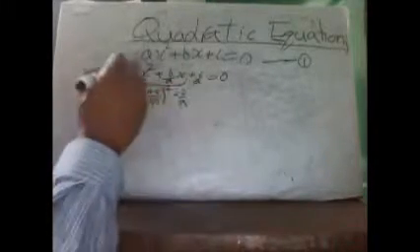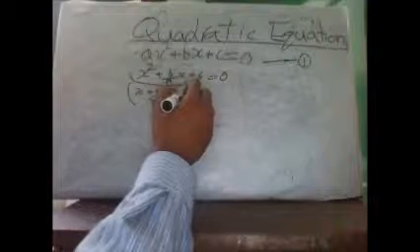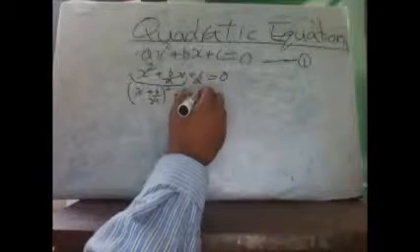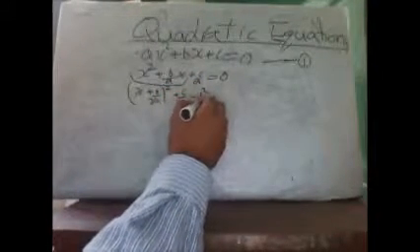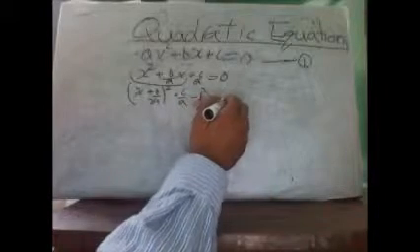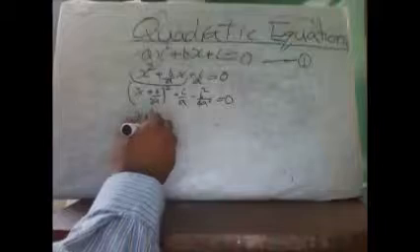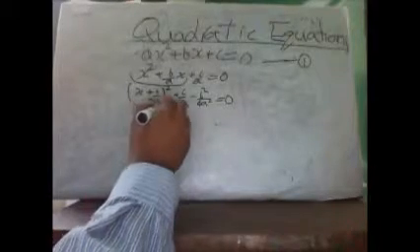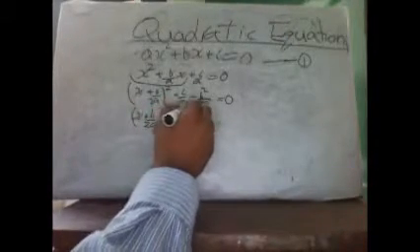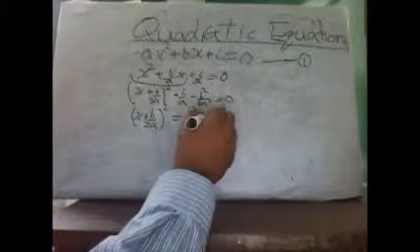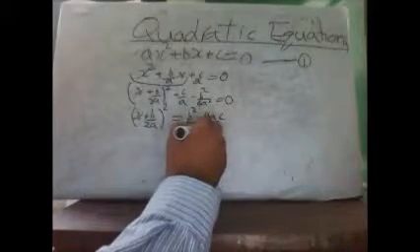The extra term we are getting here is b square by 4a square, so we have to subtract b square by 4a square from this equation. Simplifying this, we get x plus b by 2a whole square is equal to b square minus 4ac upon 4a square.